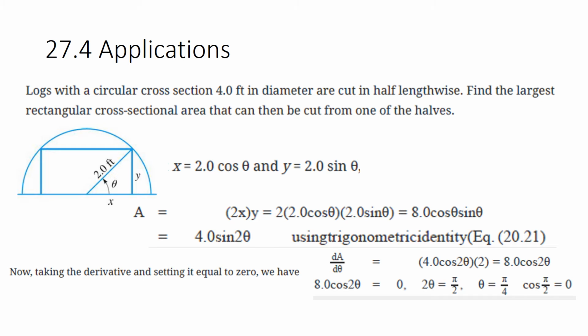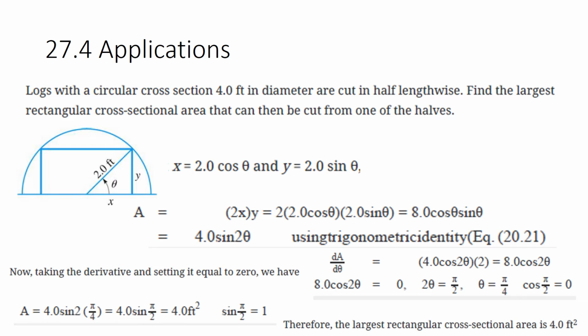So I set 8 times cosine of 2 theta equal to 0, and I see that 2 theta has to equal pi over 2, so theta has to equal pi over 4. It's because I want to set the cosine of pi over 2 equal to 0. So theta is pi over 4. If I replace theta with pi over 4, I know that my area is going to be a 4-foot square of that crosscut.